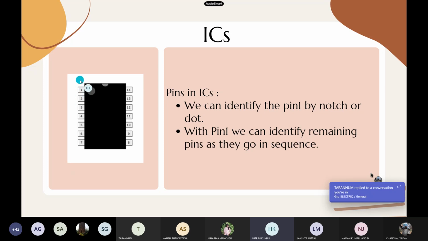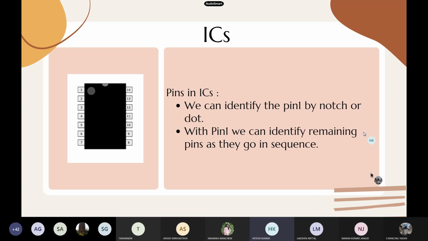You can see in this example, they go 1 to 7 in sequence, then 8 to 14 the other way. So these notch and dots help us to identify the pin numbers.